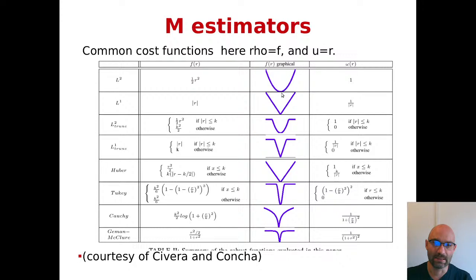Observe that if this is the error in 0, or the value of u in 0, all of them are increasing as the error goes away, as the L1 norm increases. So on the x-axis you have the L1 norm, on the y-axis you have the rho function. And there are different methods and different behaviors.